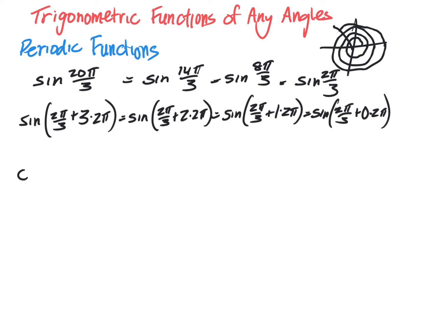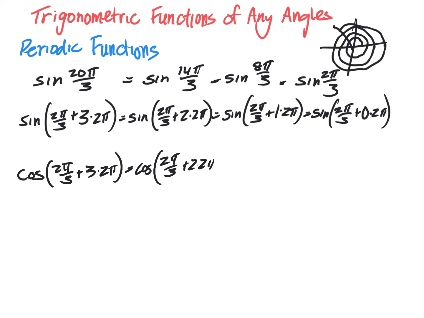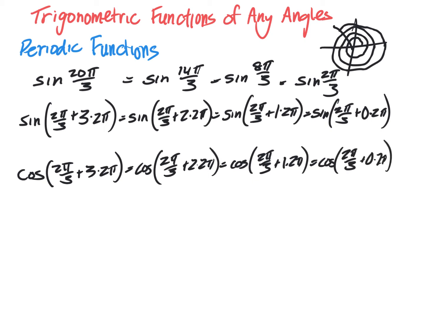Similarly, for cosine, we could get that cosine of 2 pi over 3 plus 3 times 2 pi is the same as cosine of 2 pi over 3 plus 2 times 2 pi, which is the same as cosine of 2 pi over 3 plus 1 times 2 pi, which is the same as cosine of 2 pi over 3 plus 0 times 2 pi.